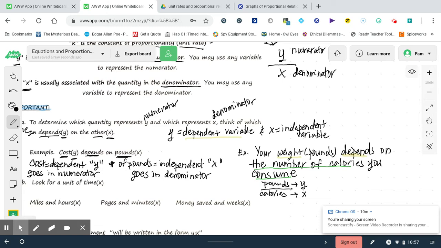So if we wanted to divide something that talked about pounds and calories, we would put the amount that represented the pounds in the numerator and the amount that represented the calories in our denominator.